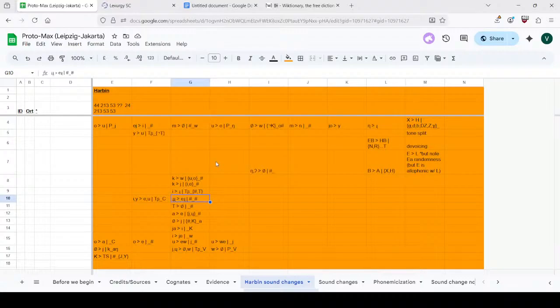Or this doesn't happen at the same time. Maybe it smooths, or maybe this happens before. Maybe this happens before, open codas only, and then turns into that.